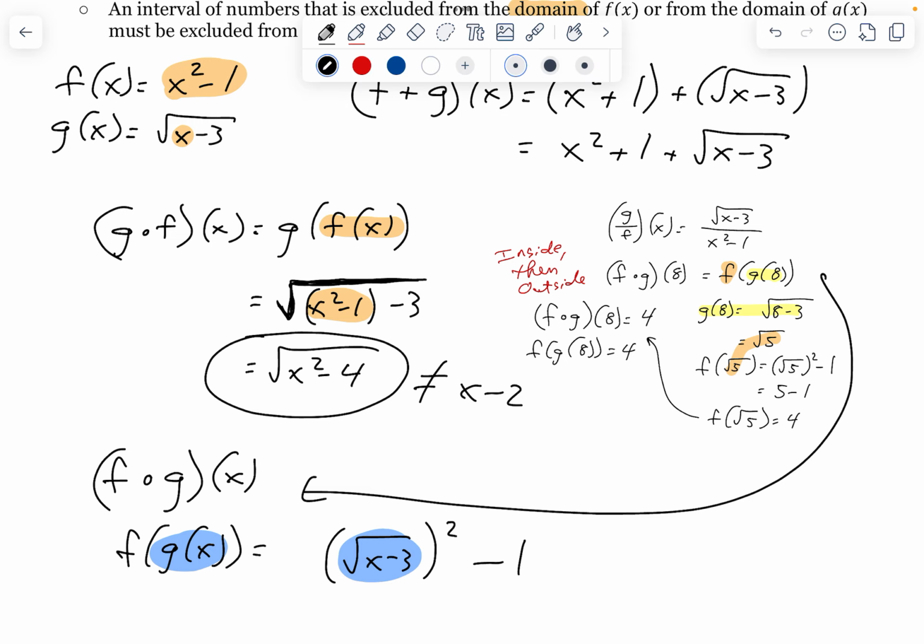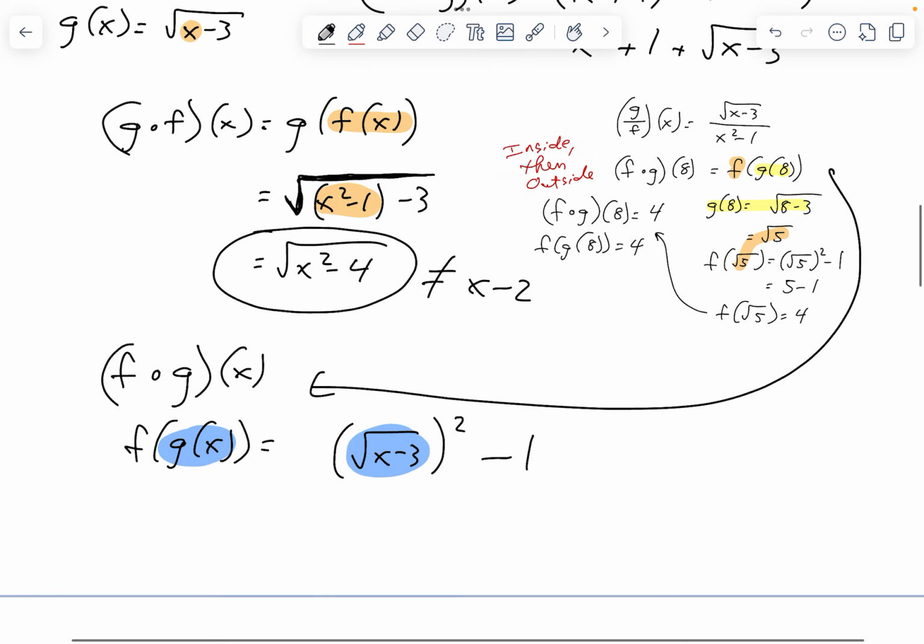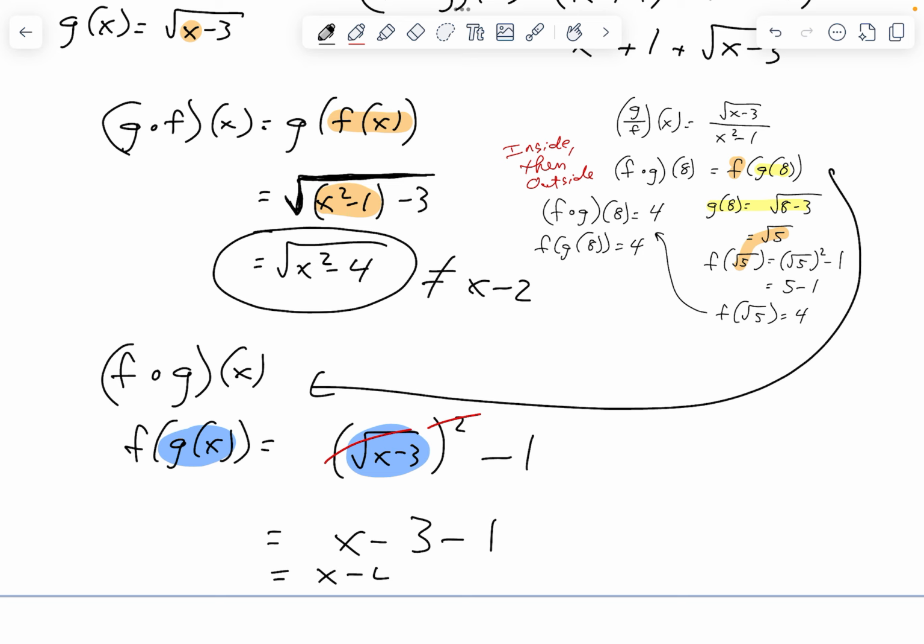So here I plugged g into the x's over here. And when I did that, here's where we see the canceling of the radical. The squared cancels out the radical. So I just get, as a result, x minus 4.